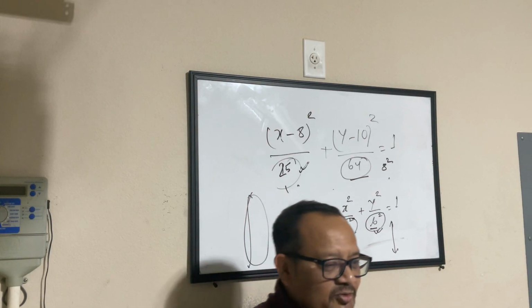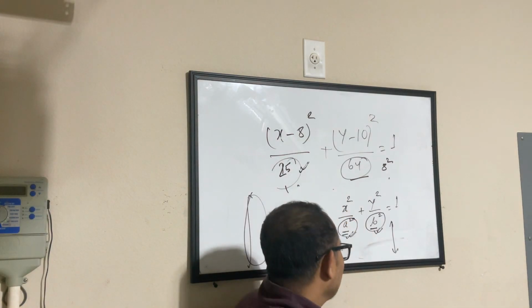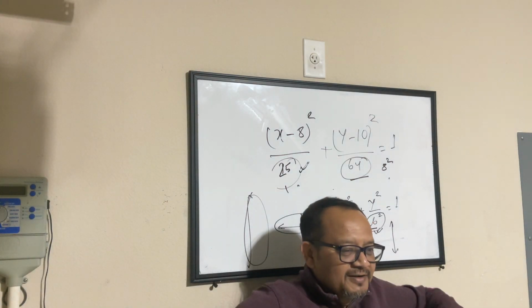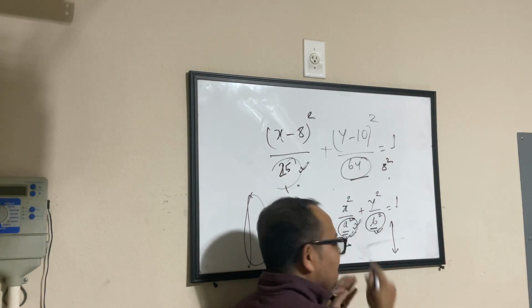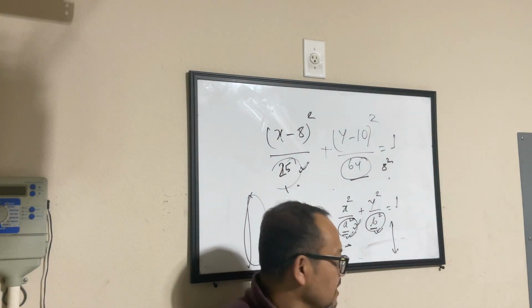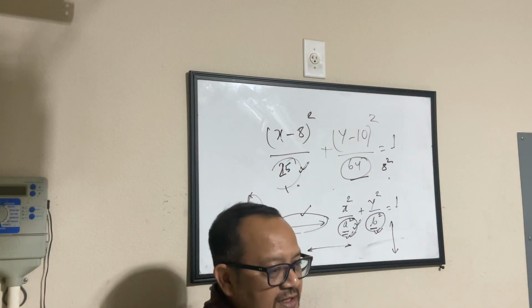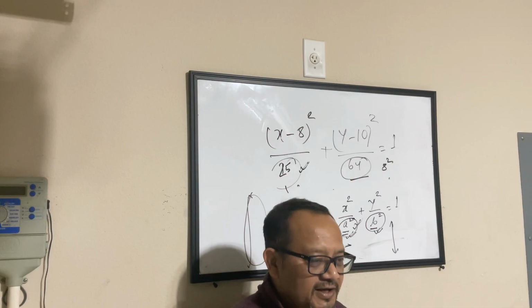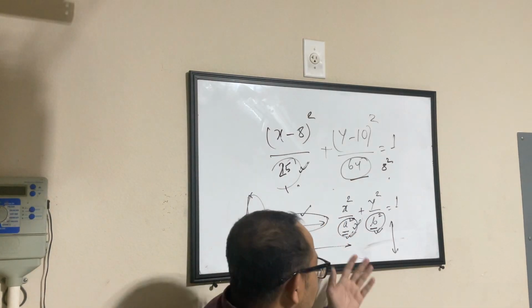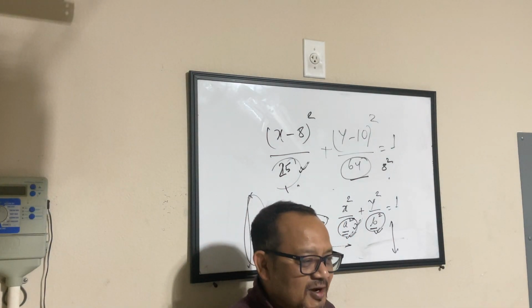When I put on some more weight, when I become fat, meaning my A will keep on increasing. So that's a lame way to relate, but if that helps you remember, no harm in doing so.